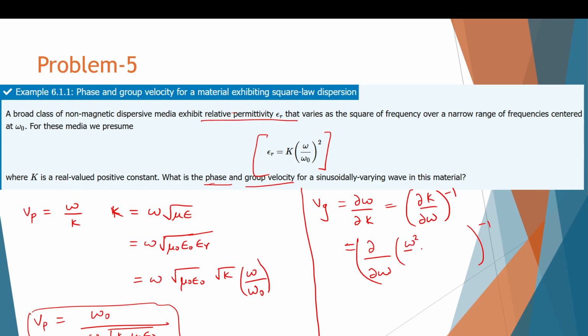I'll simplify it to omega square by omega naught root k mu naught epsilon naught. So that will become 2 omega into all these things.